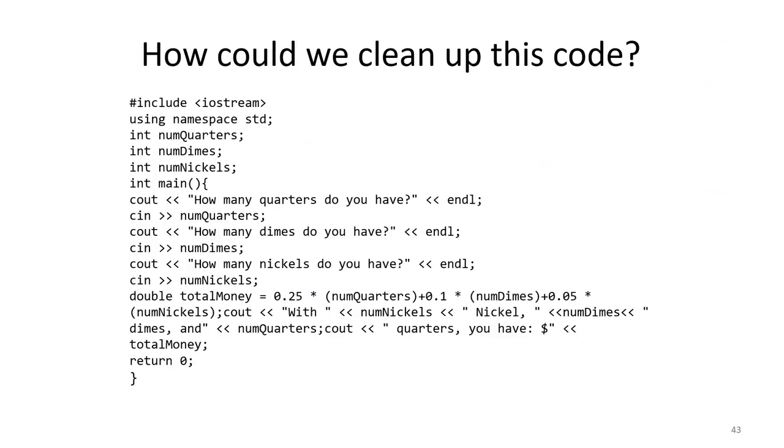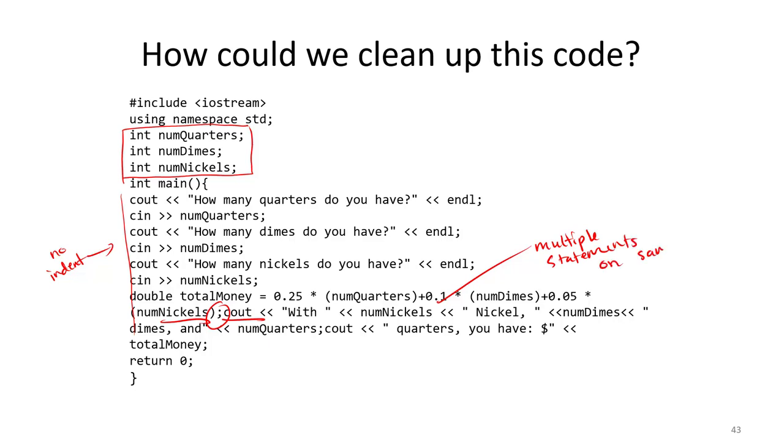Let's do a quick example before we end for today. How could we clean up this code? Notice we got some variables here, and we have our main function with no indent. Notice that we have multiple statements on the same line. We have long lines of code.